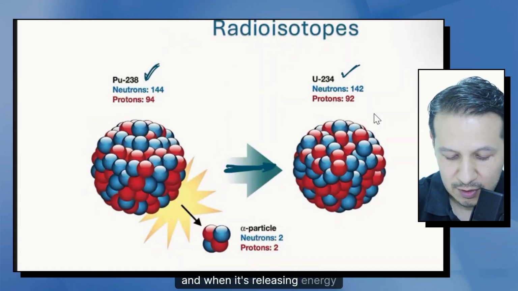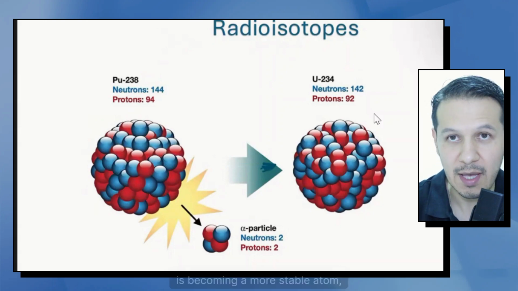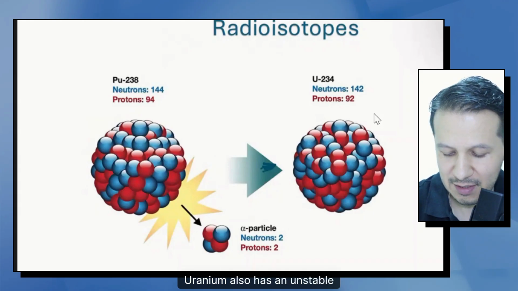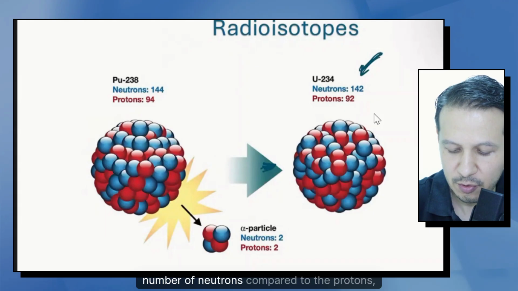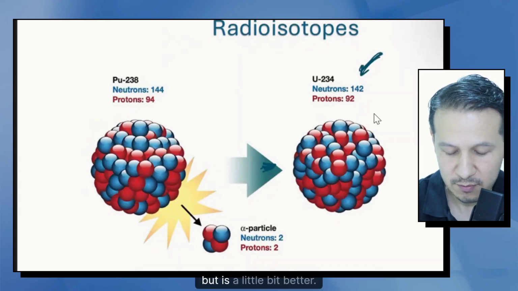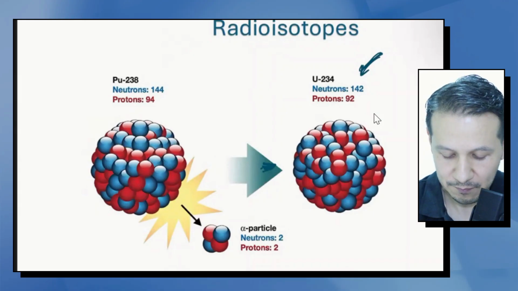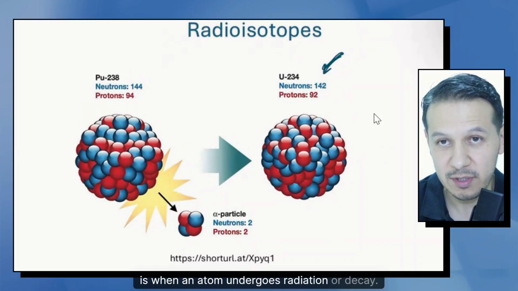And when it's releasing energy, it's becoming a more stable atom, which is uranium. Uranium also has an unbalanced number of neutrons compared to the protons, but it is a little bit better. We could say that it is more stable. This stability is reached when an atom undergoes radiation or decay.